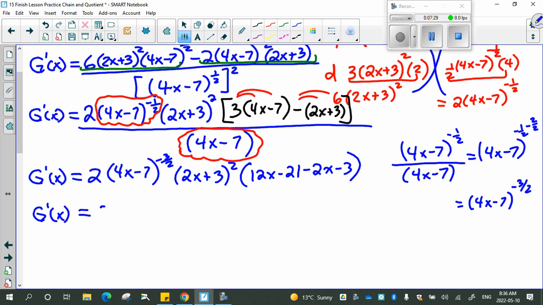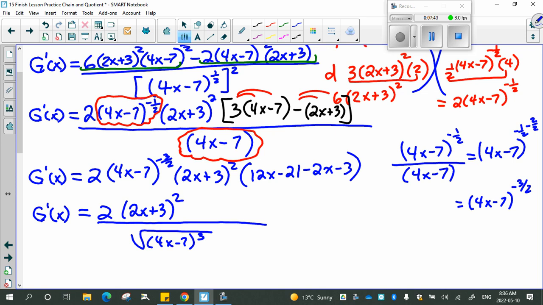Now that's going to move down to the denominator and become the square root of 4x minus 7 cubed. And in here we've got like terms, so 12x minus 2x is 10x. Negative 21 minus 3 is negative 24.